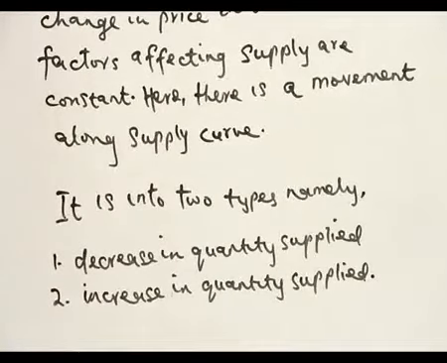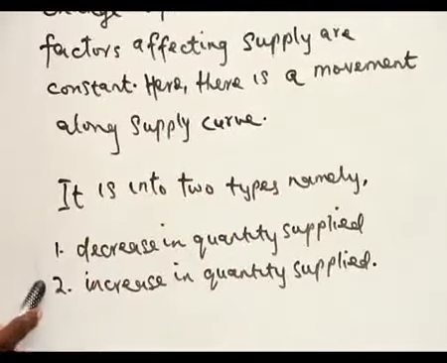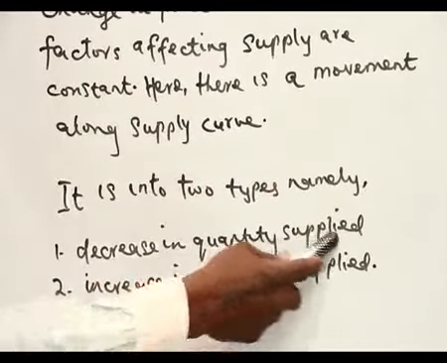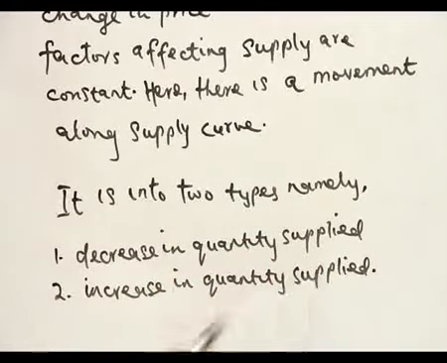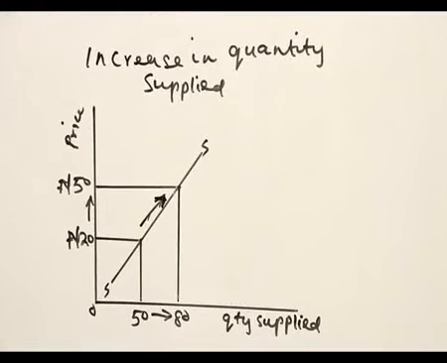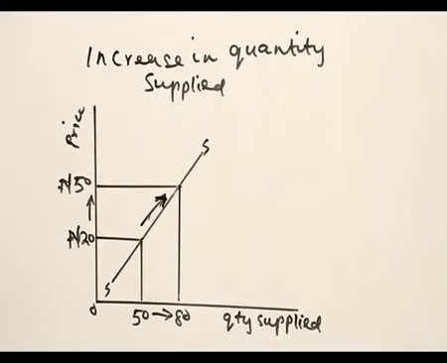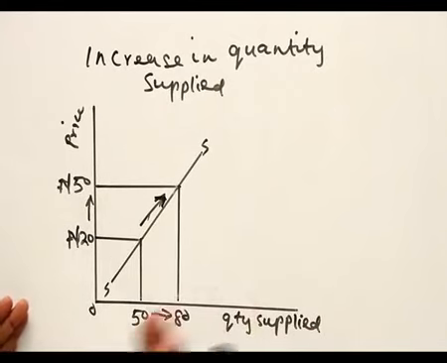Change in quantity supply is of two types, namely: number 1, decrease in quantity supply, and number 2, increase in quantity supply. These two types will be demonstrated with the help of diagrams. Let's take increase in quantity supply first. Looking at the diagram, we have the price axis here and the quantity axis horizontal.